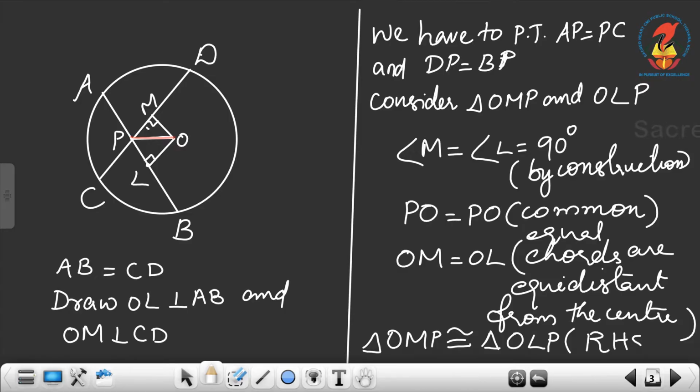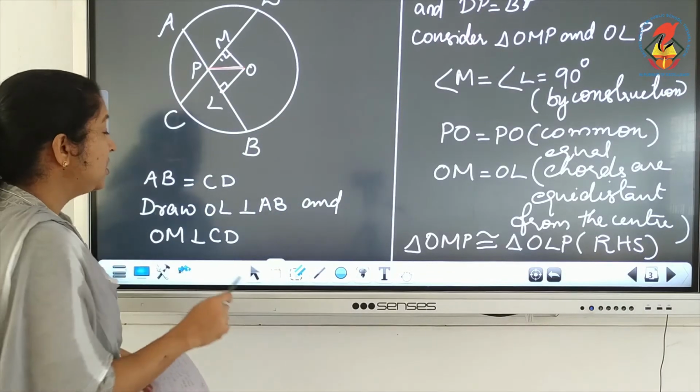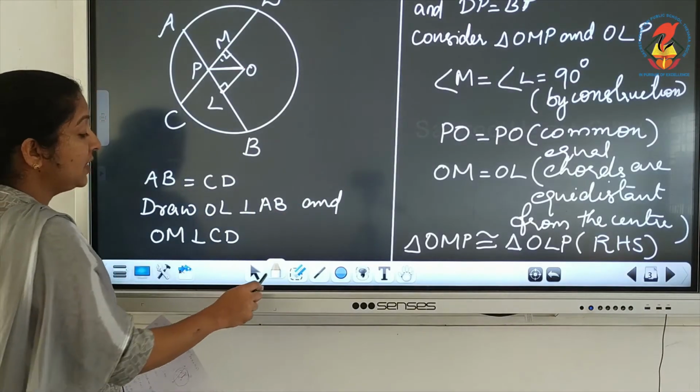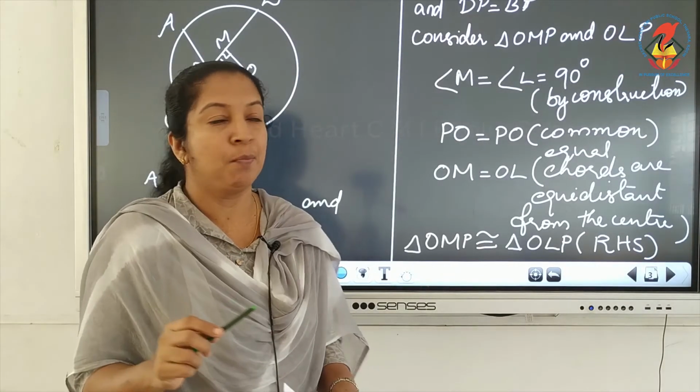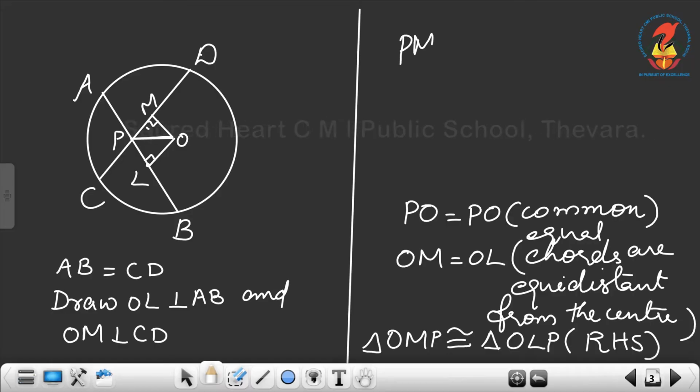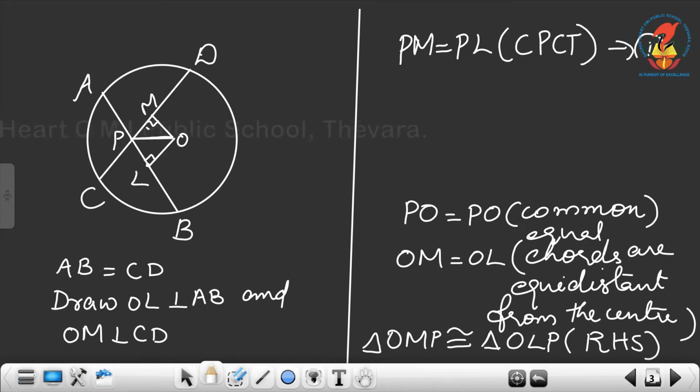If these two are congruent, we can say that PM is equal to PL, using CPCT. We can mark this as equation 1.